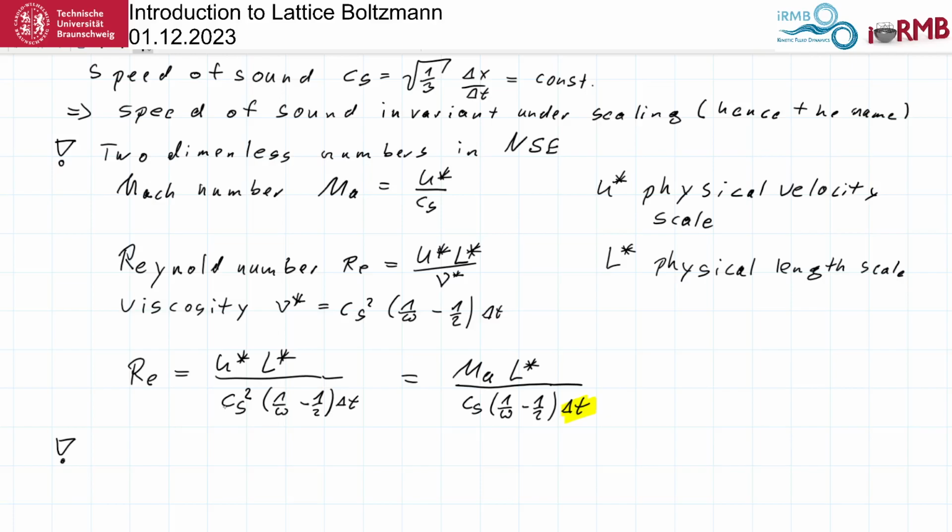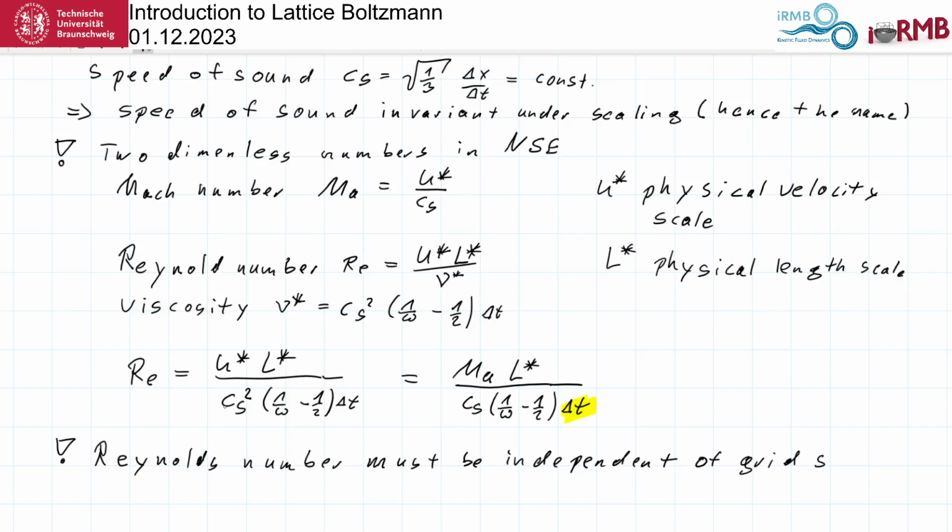So a physical constant should not depend on the grid spacing, right? So we have to make it independent of the grid spacing. The Reynolds number must be independent of grid spacing.